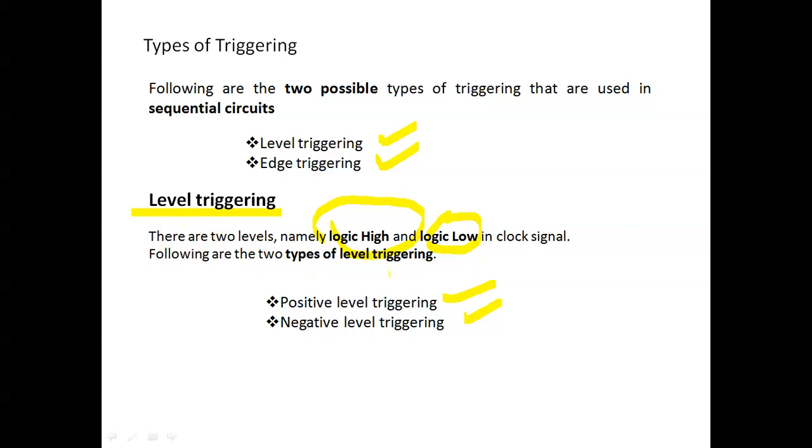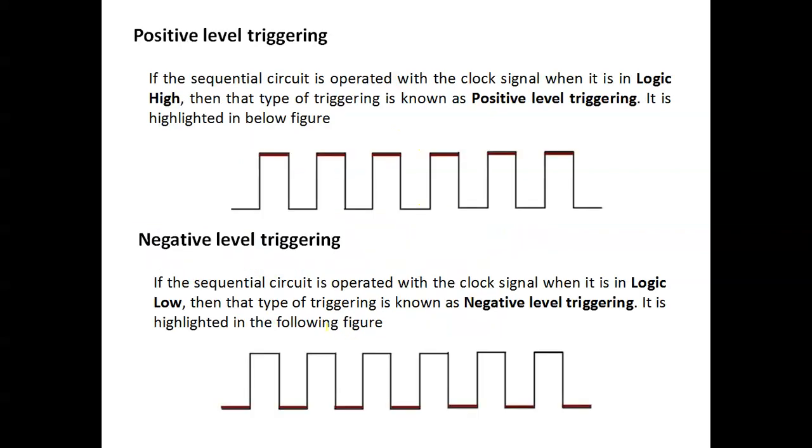Positive level triggering is the shaded places, the logic high, highlighted below the figure, that dark shaded place.